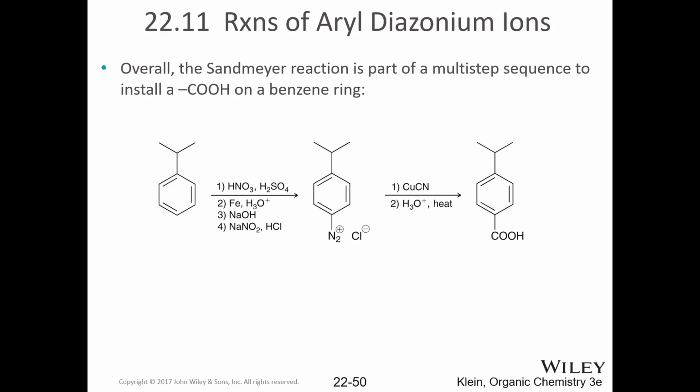So it's one way of putting a carboxylic acid in place. I think this example was chosen because you can't use oxidation here. If I were to, for instance, put a ketone in place there and try to oxidize it, that same reaction would trash this.